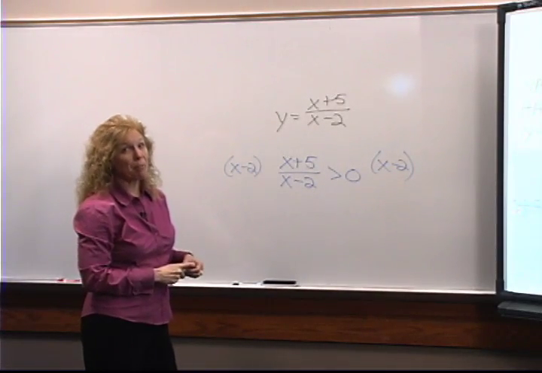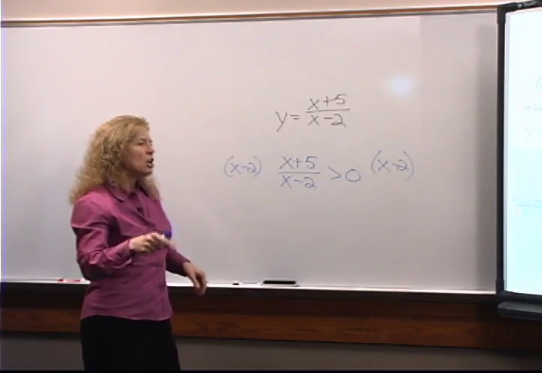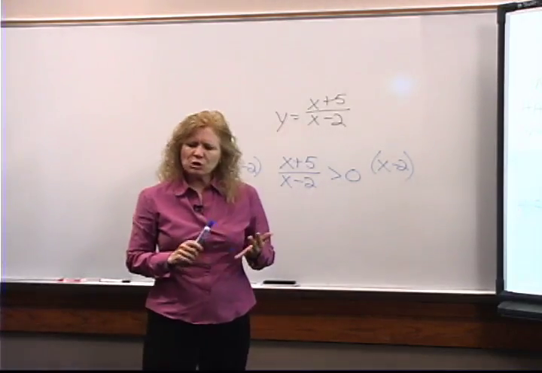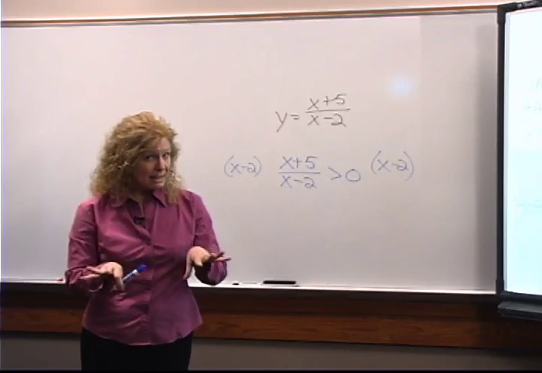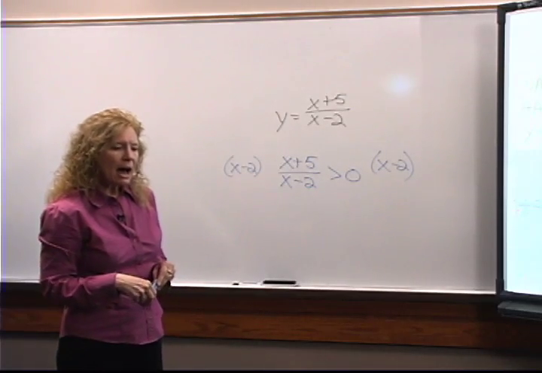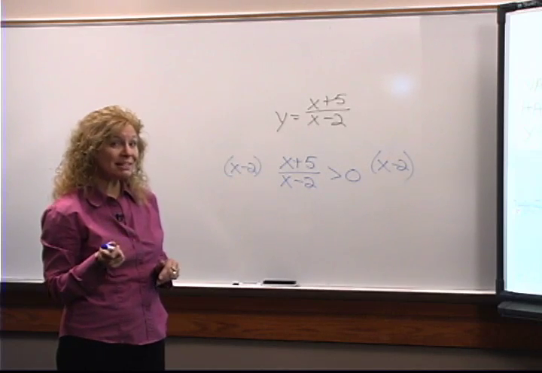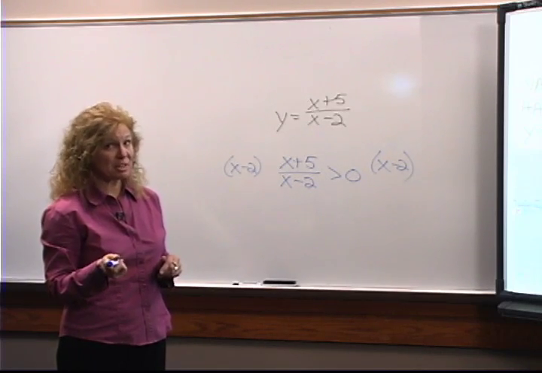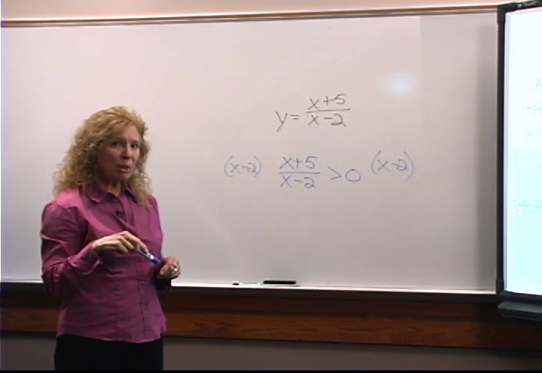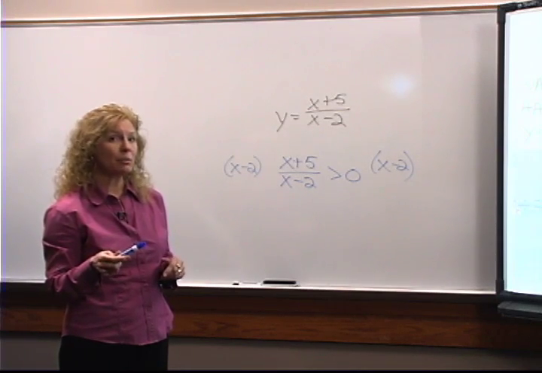You're causing a problem. You're causing a big problem. Remember back on the very first screen when we had the nice easy inequality, I said we solve them the same as equations except when we multiply or divide by a negative.